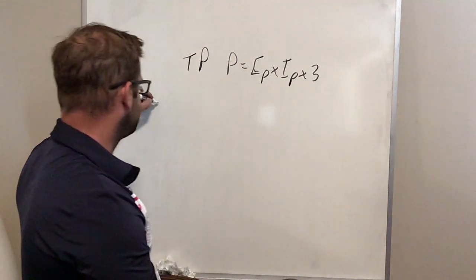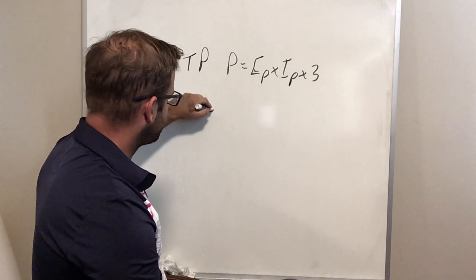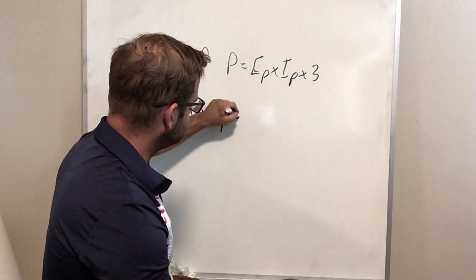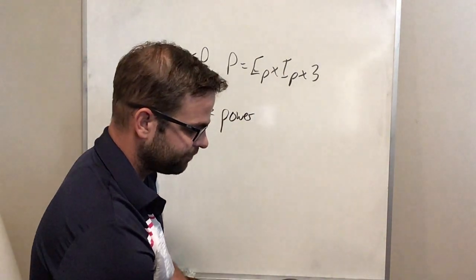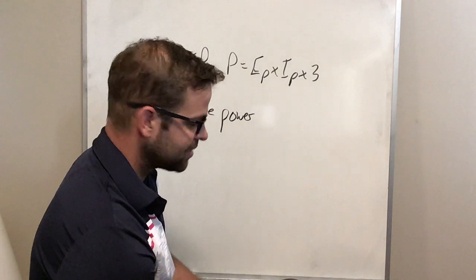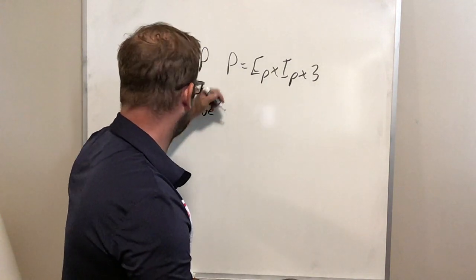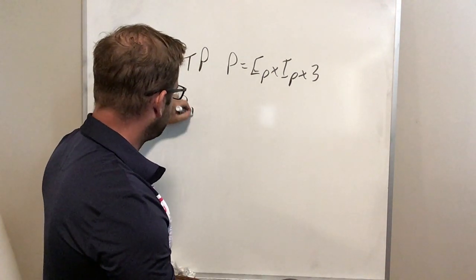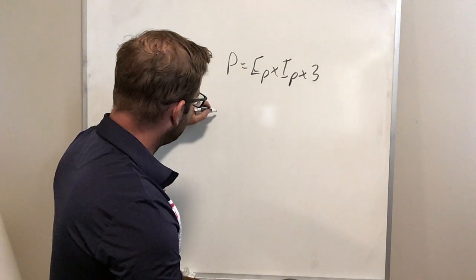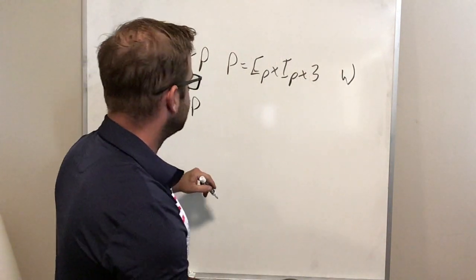Anytime you have a reactive power, right? Reactive power is if you have a capacitive or inductive load. I'll just write it as RT, reactive power, and true power we know is measured in watts.